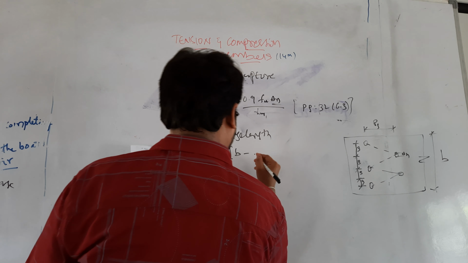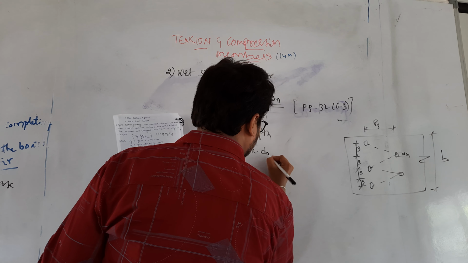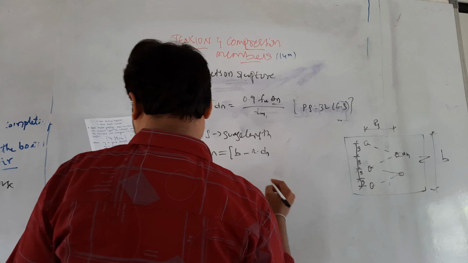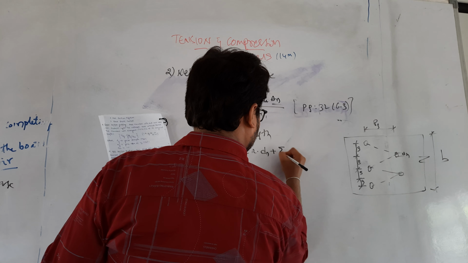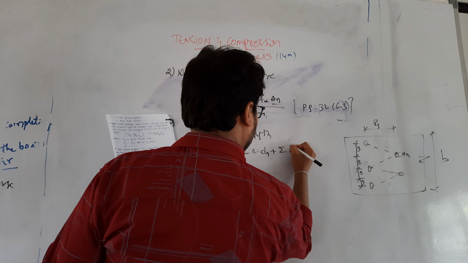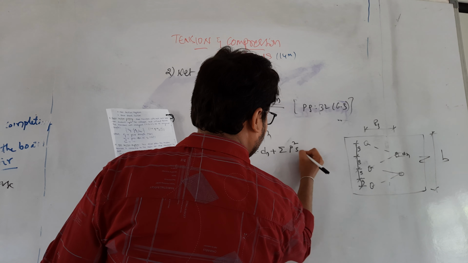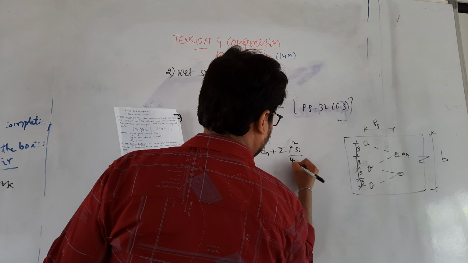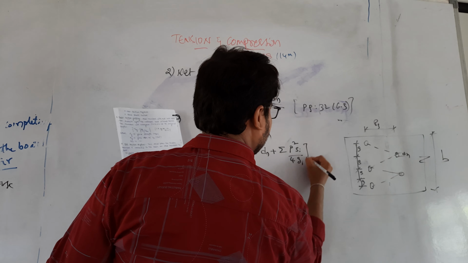An equals (b minus n dn) plus summation of p squared by 4 g into t.